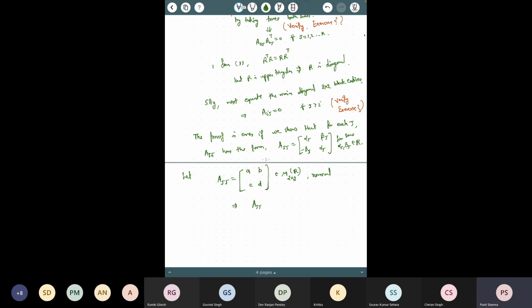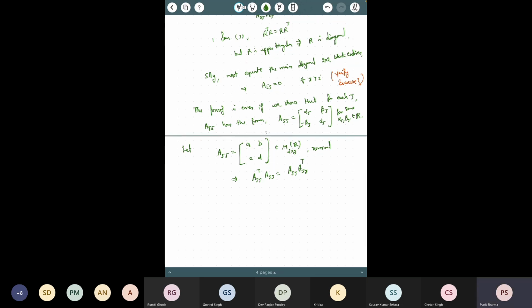This implies that AJJ transpose AJJ is equal to AJJ AJJ transpose. Now if you just compute the left hand side and right hand side, and compare the entries, then you will get the following condition: B square is equal to C square, and AC plus BD is equal to AB plus CD.